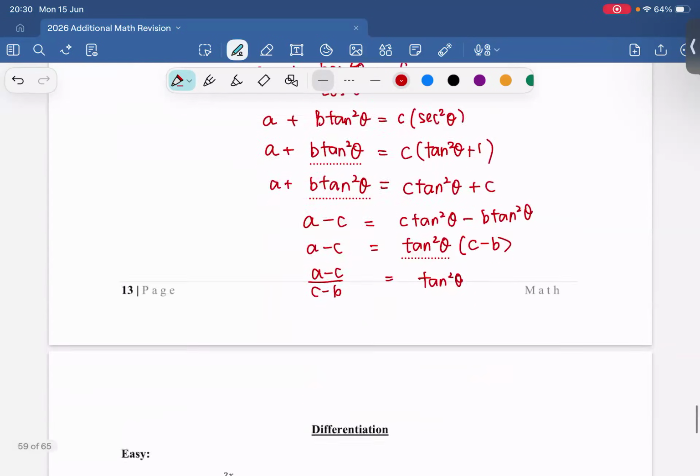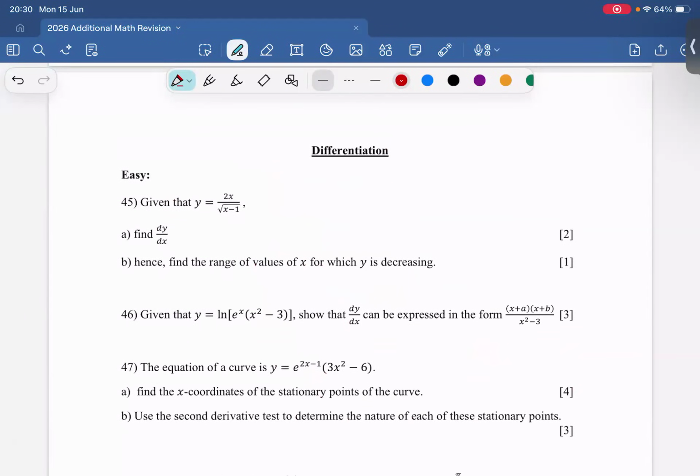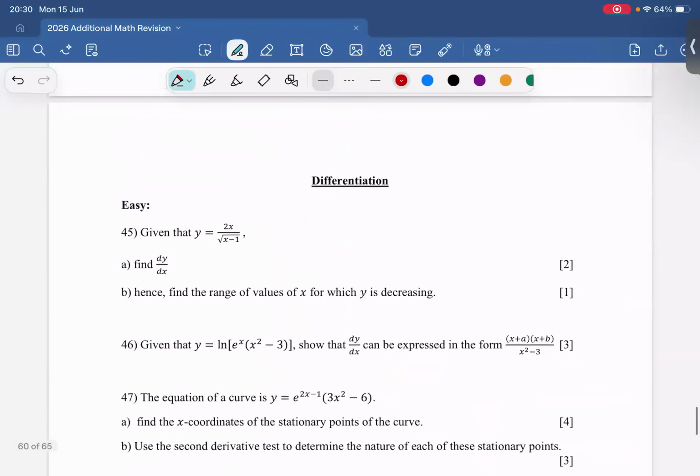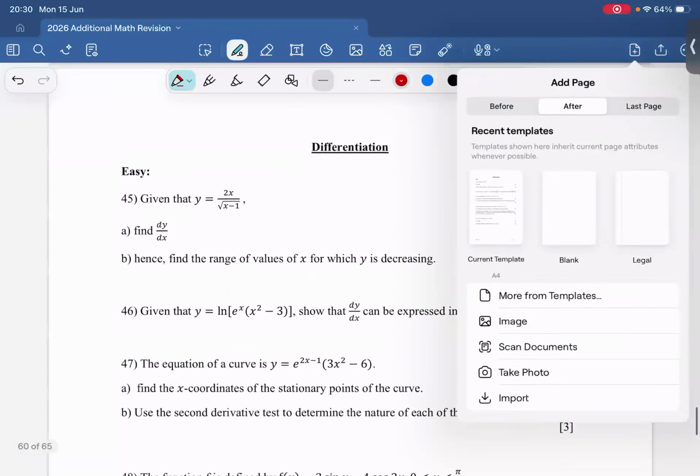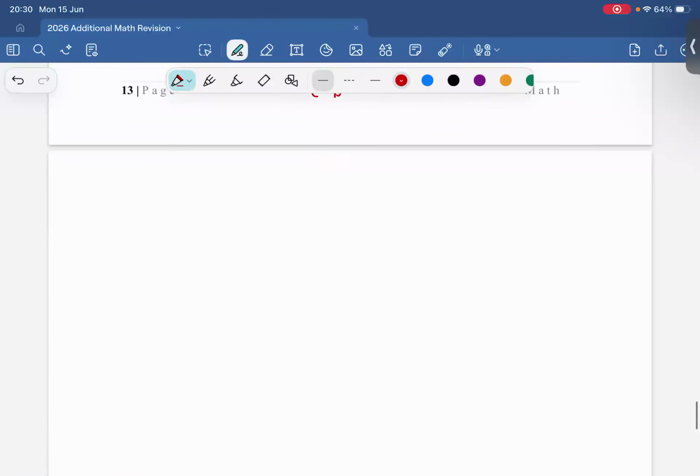Okay, so 45A is an easy one. I will do a summary first. Do I want to talk about differentiation technique? I think I need to talk about it a bit.